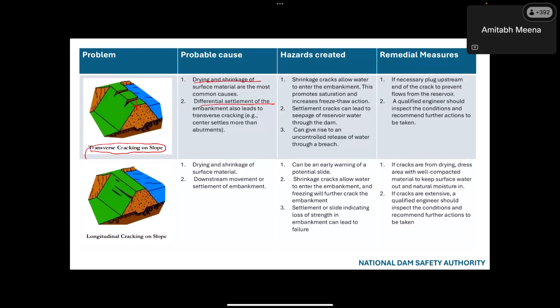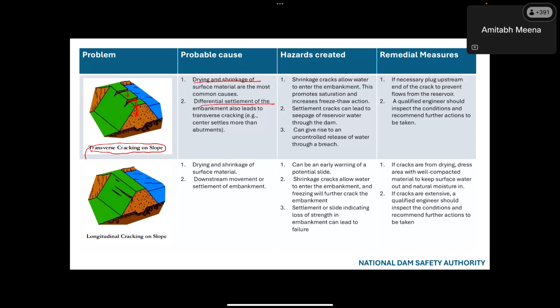So more settlement here. So these cracks will develop here because of the shear stresses. If necessary, plug the upstream end of the crack to prevent flows from the reservoir. Okay, and the qualified engineer should inspect the conditions and recommend further actions to be taken.